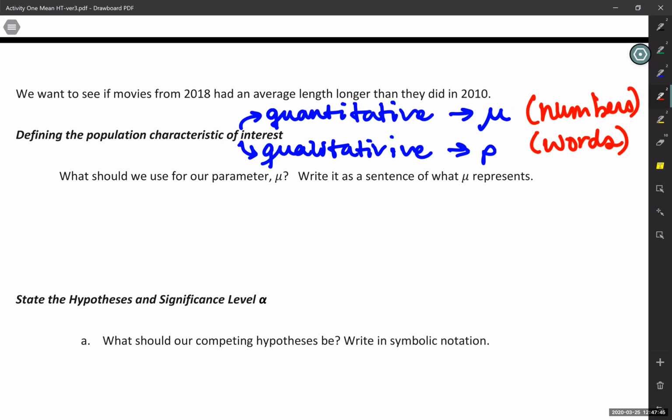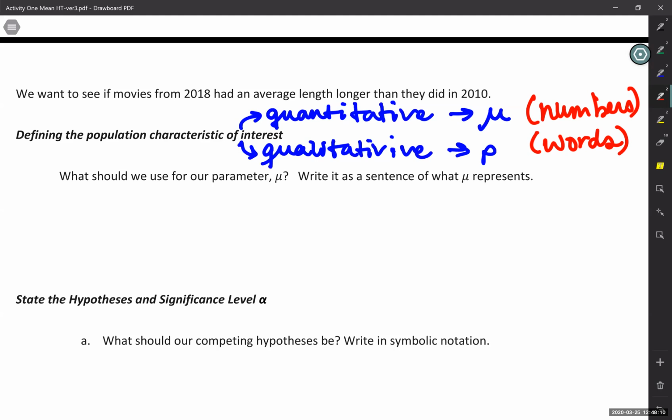Or are you asking a yes or no question? I mentioned this in a previous video, but do you like Diet Coke? Yes or no? The answers are words. So that would be an example where we would use proportion to determine how many people like Diet Coke, something like that. All these problems have numbers in them, so I'm not asking are there numbers in the problem.